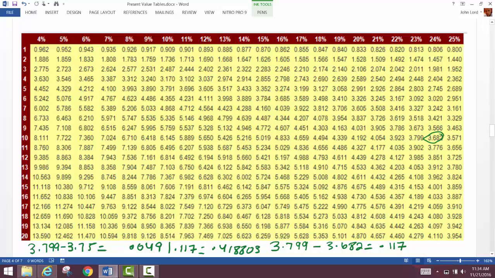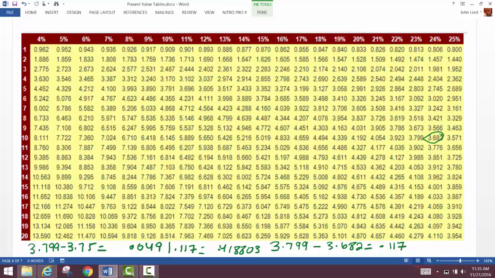So that means that 0.049 has accounted for about 42% of the difference between 23% and 24%, right?